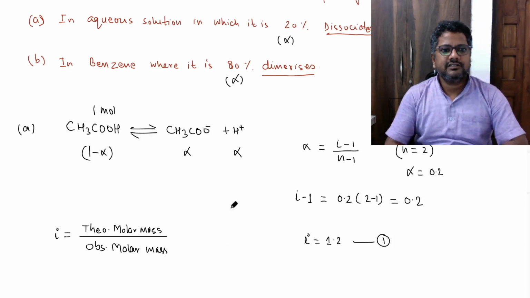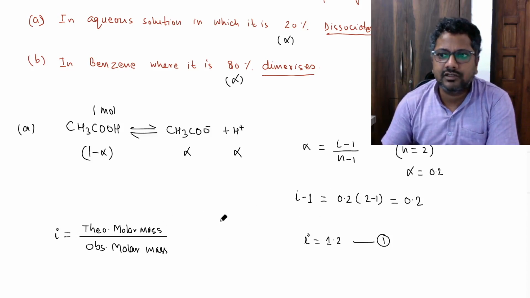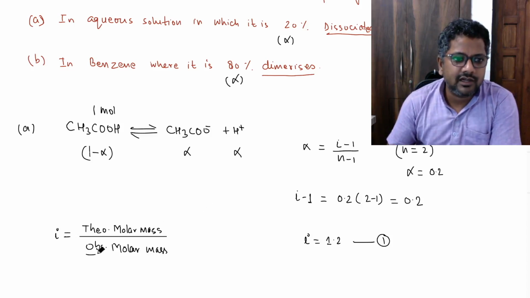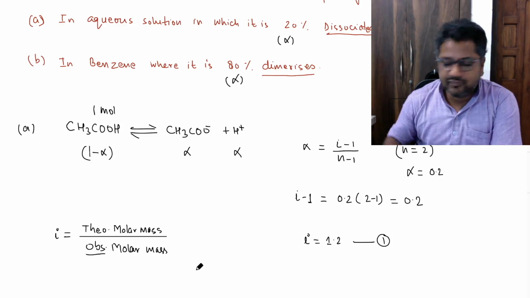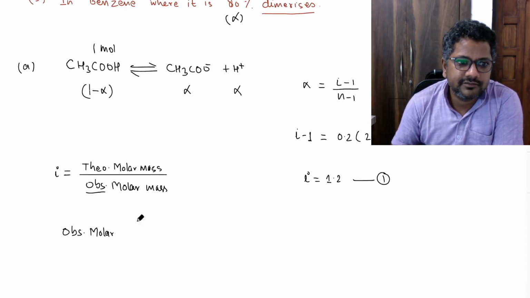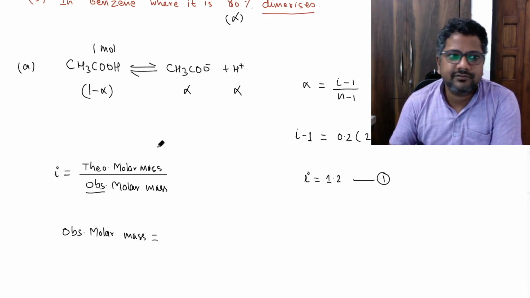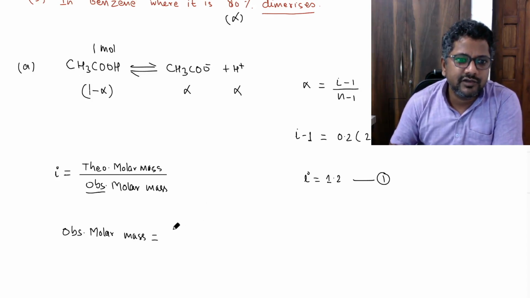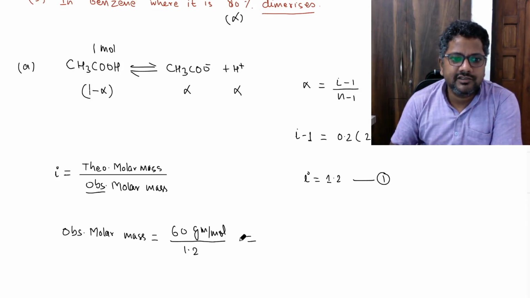So here in this case you are going to calculate observed or theoretical. Obviously you are going to calculate observed molar mass. So observed molar mass is equal to theoretical molar mass. What is theoretical molar mass of acetic acid? You can count this. So it is 60 grams per mole divided by 1.2. It is a dimensionless 1.2.